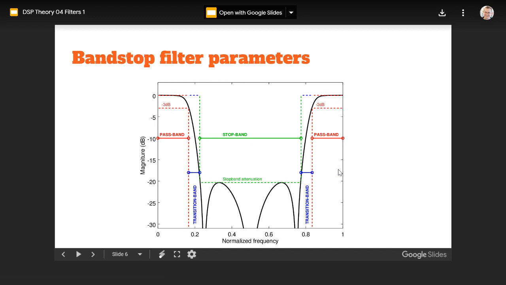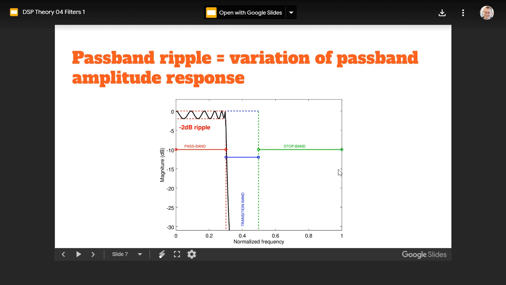Band stop, similar to band pass, but opposite. So now we have one stop band, which means one stop band attenuation requirement, and then two transition bandwidths, two passband bandwidths. Okay. Usually this passband is defined by the -3 dB point, except if we have ripple on passband, meaning the amplitude response fluctuates.